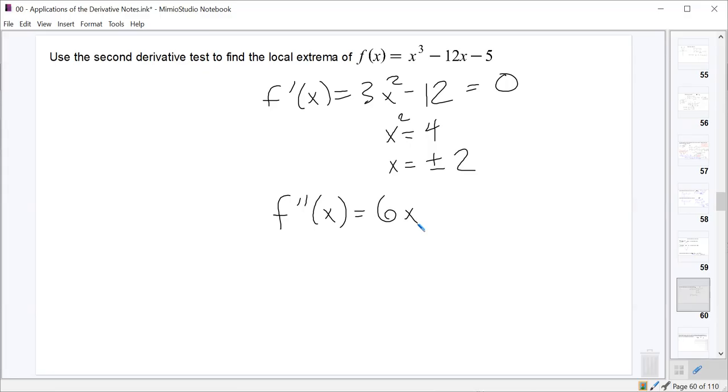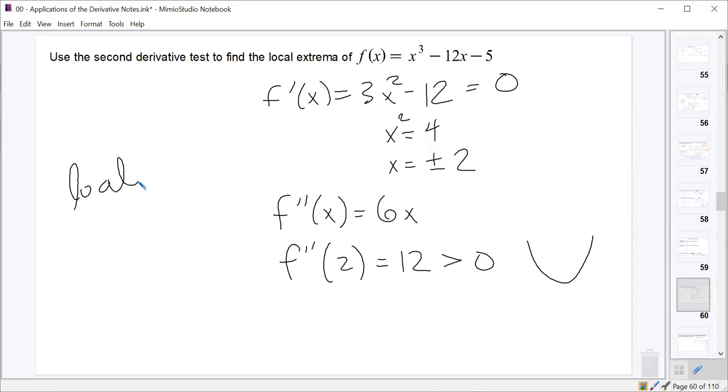So if I take 6x and I evaluate it at 2, I get 12. 12 is a positive number, which means that the function is concave up at that point, which means we have a local min at x equals 2.